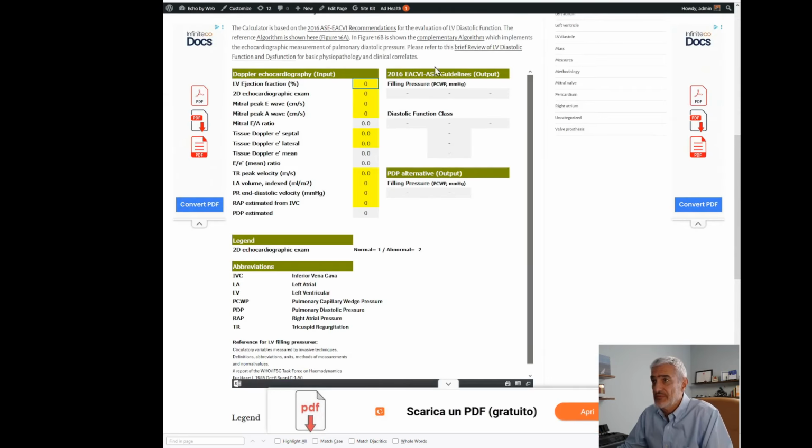Okay, so in this window, you can fill up the yellow fields, like for example ejection fraction, the 2D echocardiographic examination, various measurements like mitral valve, tissue Doppler, etc. The Excel spreadsheet will give you, based on the variables that you input, as output, the estimated filling pressures and diastolic function class.